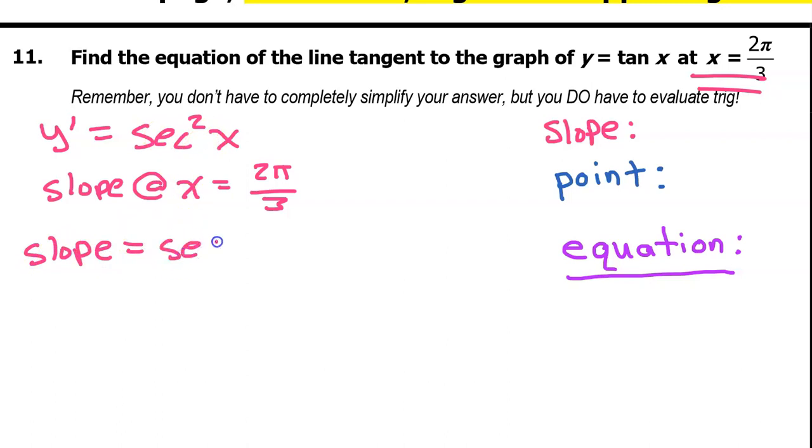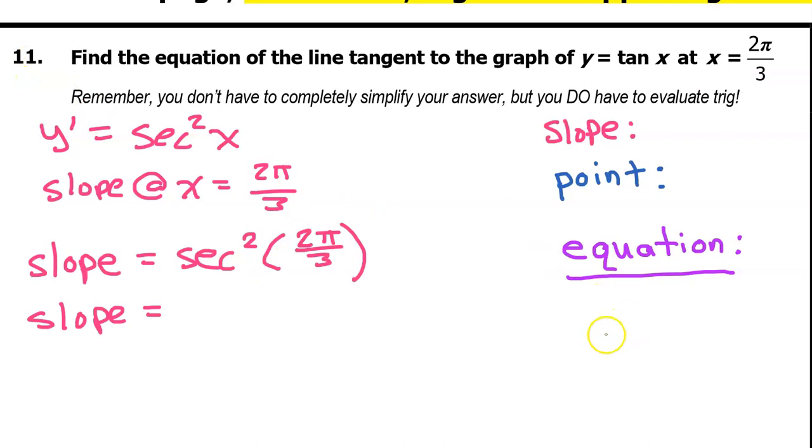secant squared 2 pi over 3. I'm going to do some scratch work over here off to the side. I want to evaluate the secant of 2 pi over 3, but in my mind I'm thinking, okay, what is the cosine of 2 pi over 3?